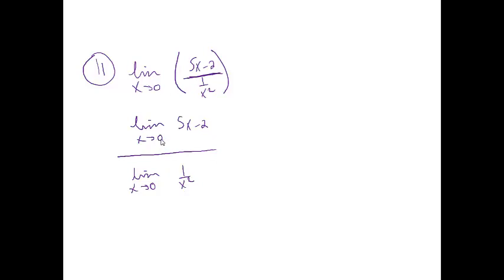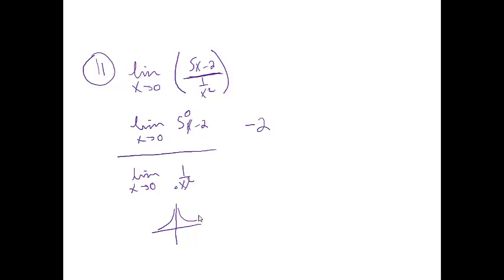First thing that we should always try to do is just plug in the limit. So we're going to try to plug in 0, and on this one I can plug in 0, and when I do that I get -2. This one, if I try to plug in 0, I get 1 divided by 0, so it just doesn't get me anywhere. So instead, I'm going to remember what the graph of 1 over x squared looks like, which is this.